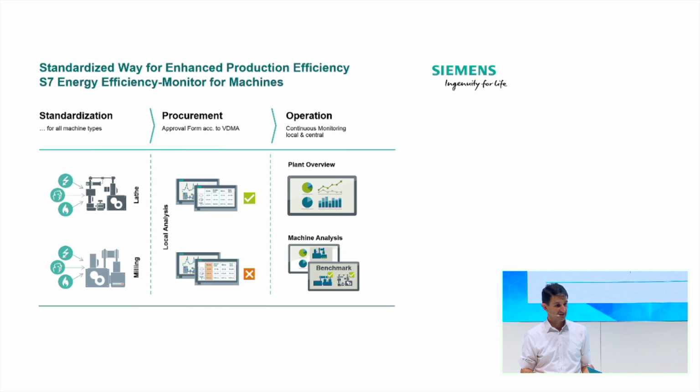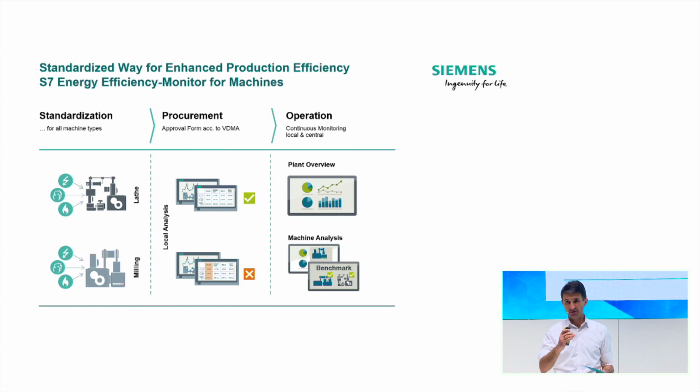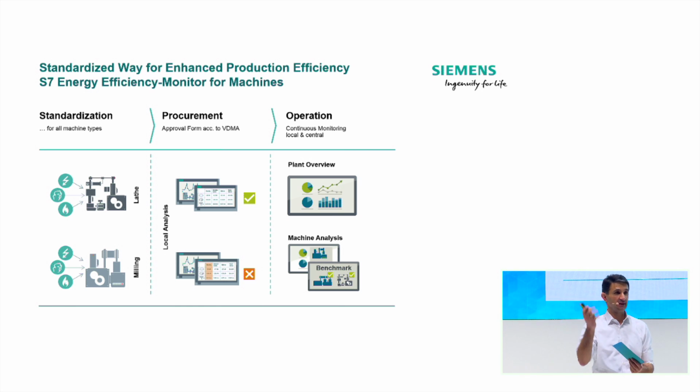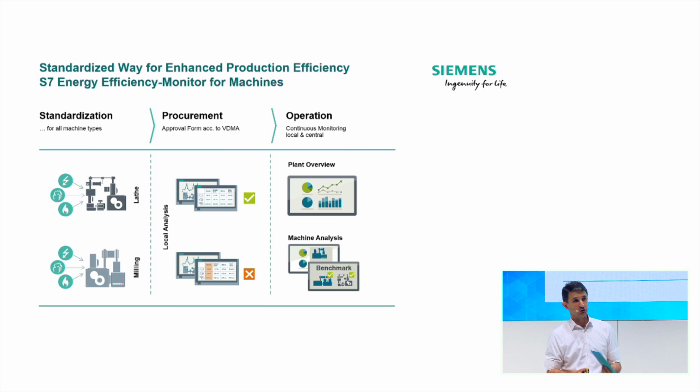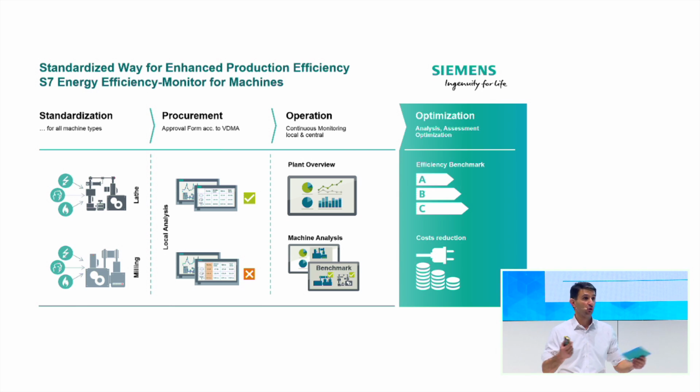The continuous analysis, first of all on the machine level, but also in overall software tools of our SIMATIC portfolio. We can there have an energetic analysis of the entire shop floor, of the entire production lines, for example, in order for you, at the end, to become more efficient, to cut your energy bill.